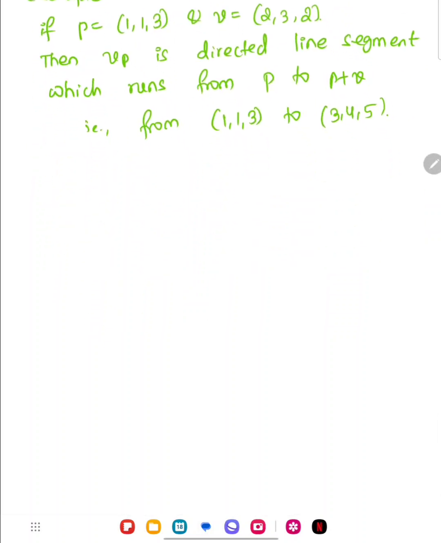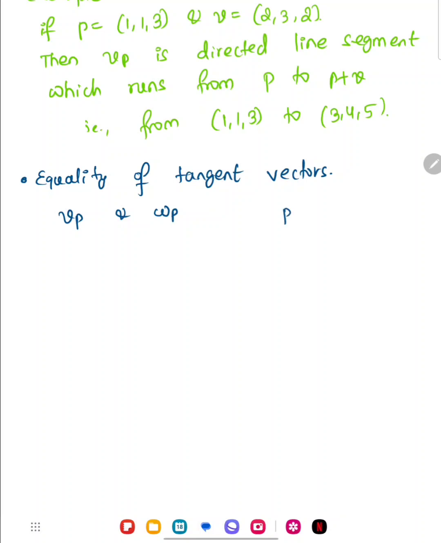Now let's see some concepts on tangent vectors. First one is equality of tangent vectors. Suppose we have two tangent vectors VP and WP. Here P is the point of application, and V and W are vector parts.